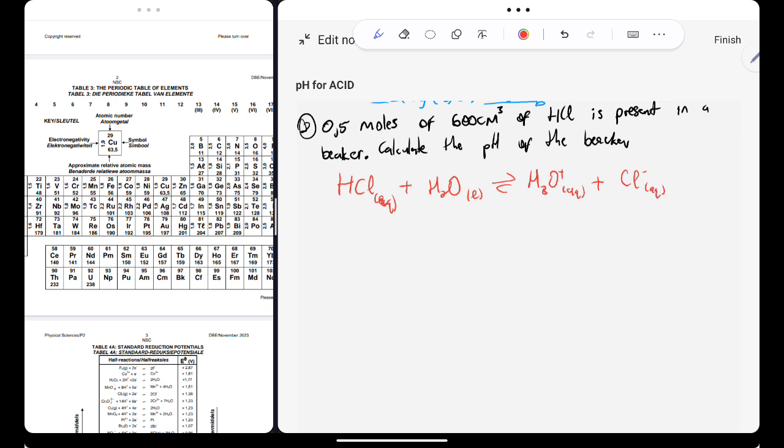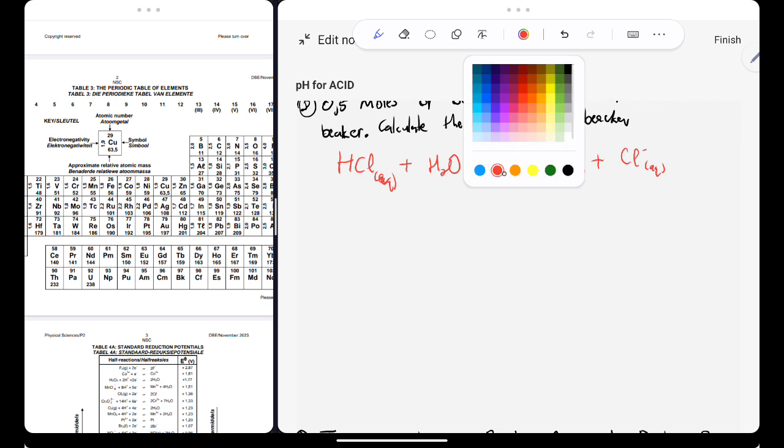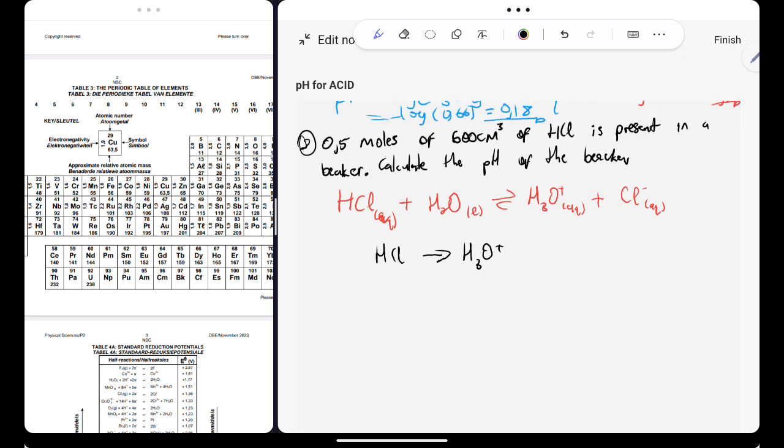Okay, I do have the number of moles, guys, of my acid. I can simply use my titration equation. I know that 1 mole of HCl will give me 1 mole of H3O+. Are we together? So now I have 0.5 moles of HCl.